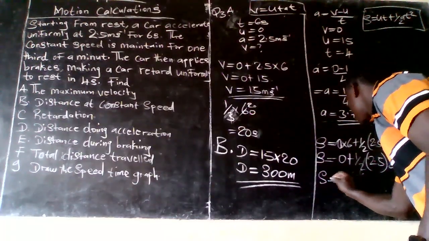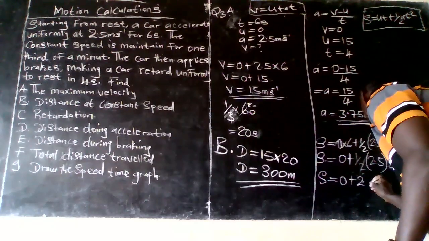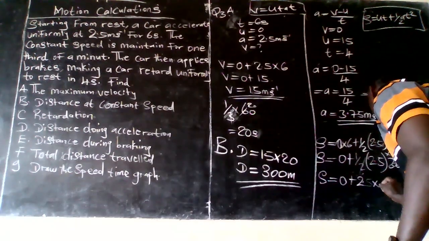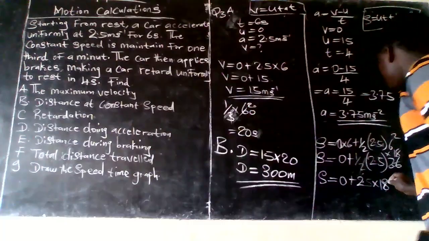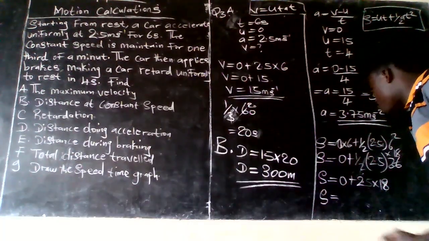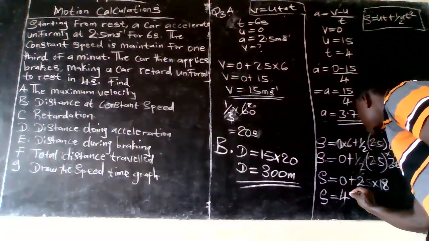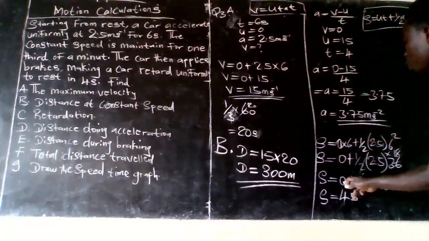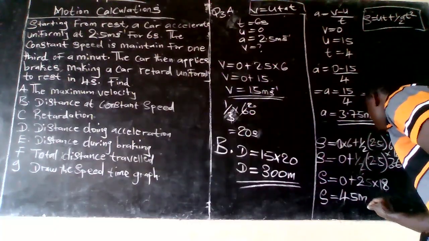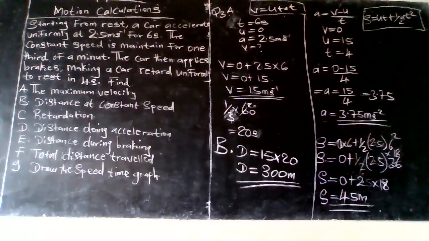So S equals 0 plus 2.5 times 18. 2.5 times 18 is 45, and 45 plus 0 gives 45 meters. So during acceleration, we have 45 meters.